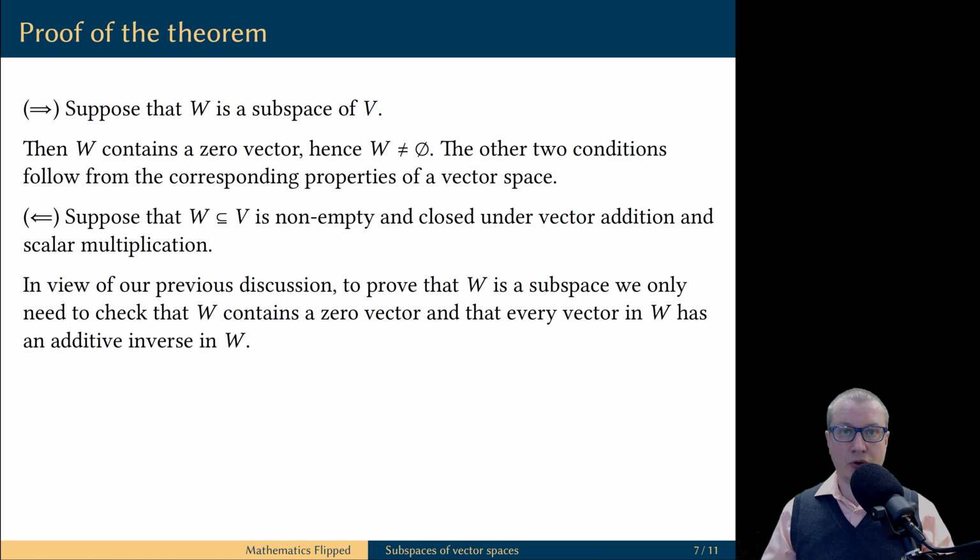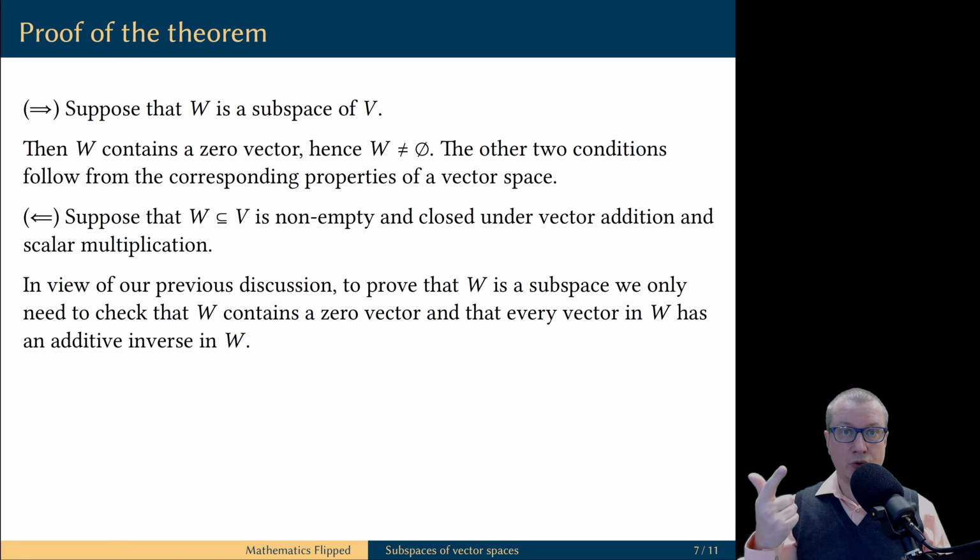But we just had this earlier discussion which showed that in fact, because W lives inside a vector space, 6 of the 10 properties are automatically satisfied, and all we need to make sure is that 4 properties hold for W. First, we need to make sure that W is closed under vector addition, but this is assumption number 2 here.